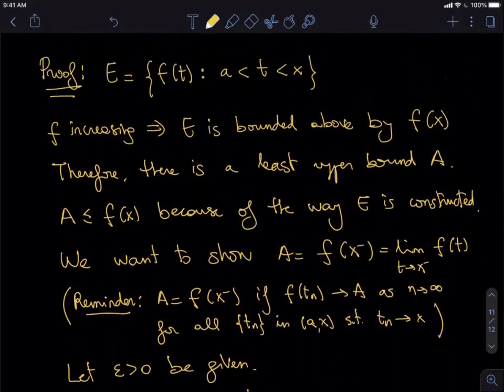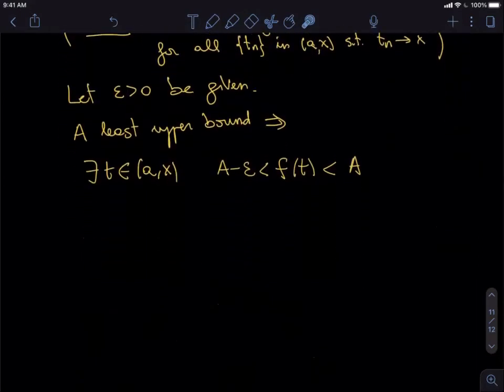Why do I say that? Because in the set E, all the t's are in between A and X. Okay, so there exists t in AX such that f of t is in between A minus epsilon and A.